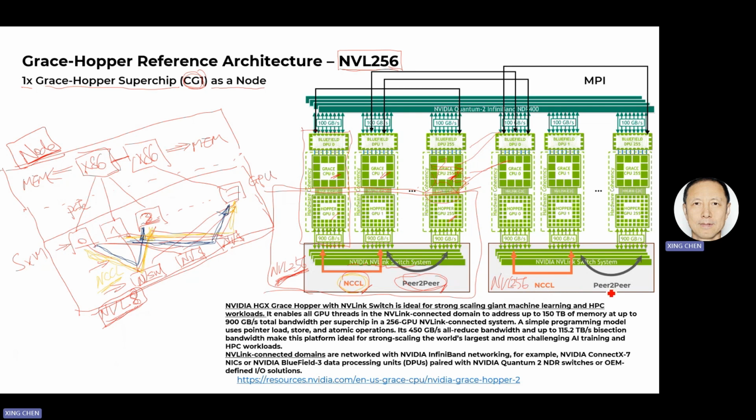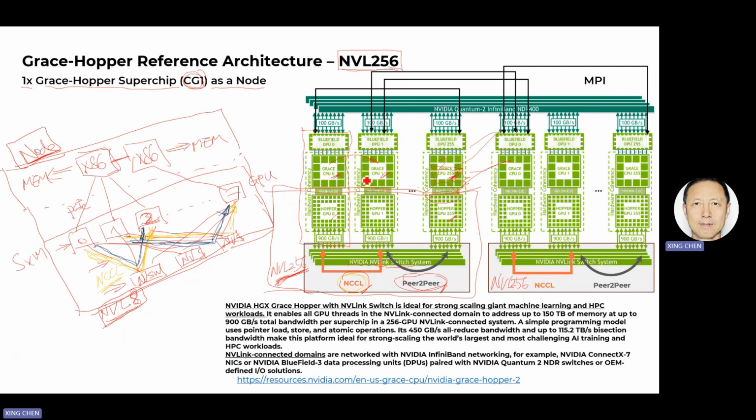You can do NICO, you can do peer-to-peer communication for the GPUs. But at the same time, there is a need for the CPUs to communicate. The same as the previous slide for NVL1, for the CPU communication, what we need to rely on is the MPI communication scheme.